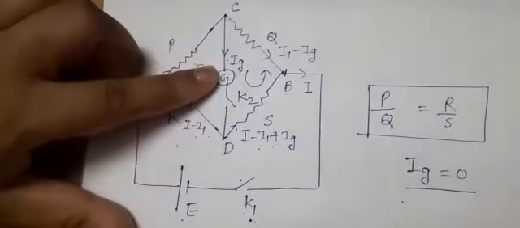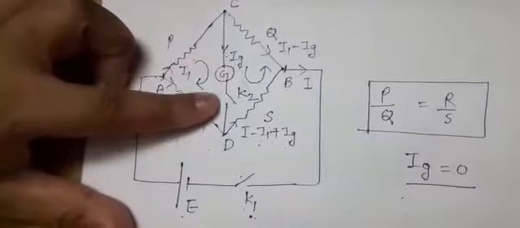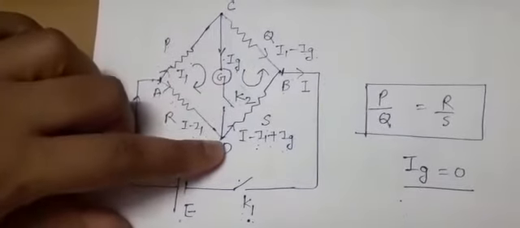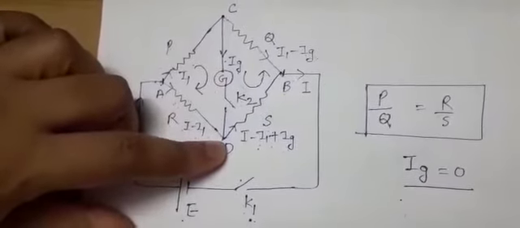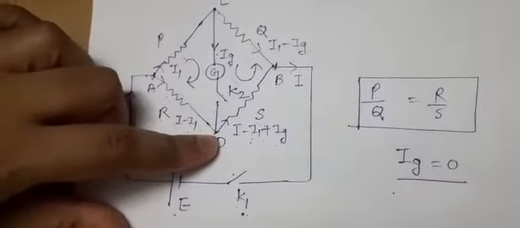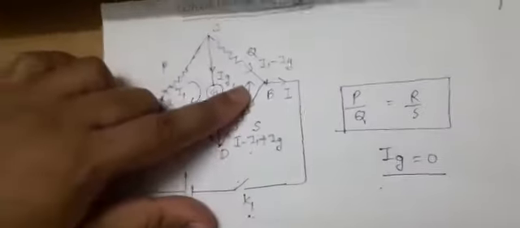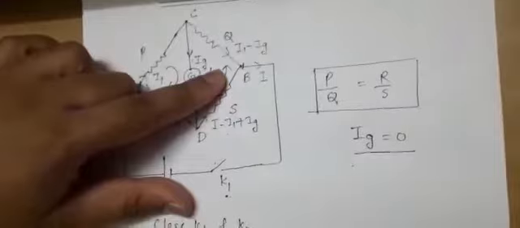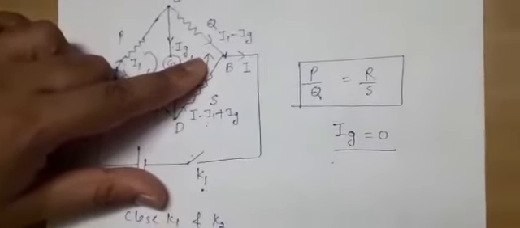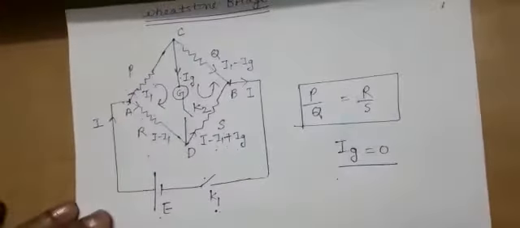So see here: Ig into G plus I minus I1 plus Ig into S minus I1 minus Ig into Q equal to 0. This is the loop equation. So see here the step.